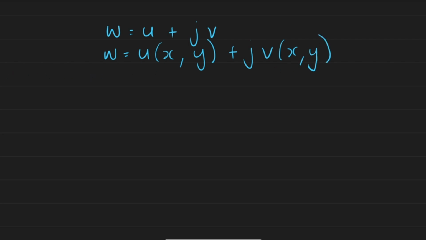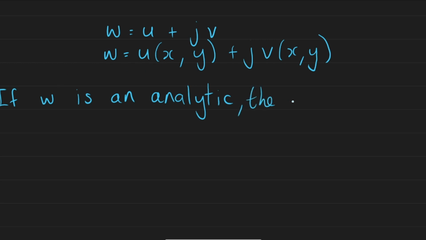So this is the kicker: if w is an analytic function, and we spoke about what analytic functions are in the last video, then u and v are harmonic functions. We can actually show that.